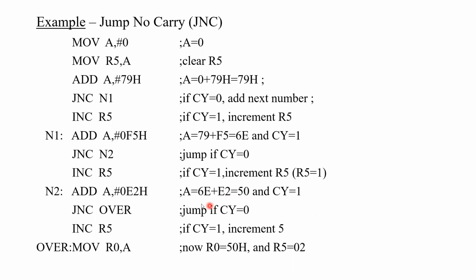Also, because of the addition of these two 8-bit numbers, the carry flag is set to 1. Since the carry flag is set, it will not perform the jump because the carry flag is equal to 1. It will go to the next instruction, which is INC R5. So R5 will have a value of 02.